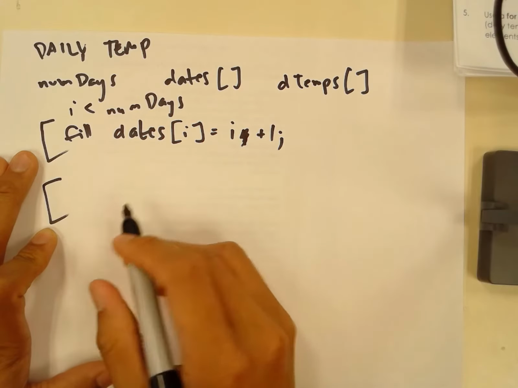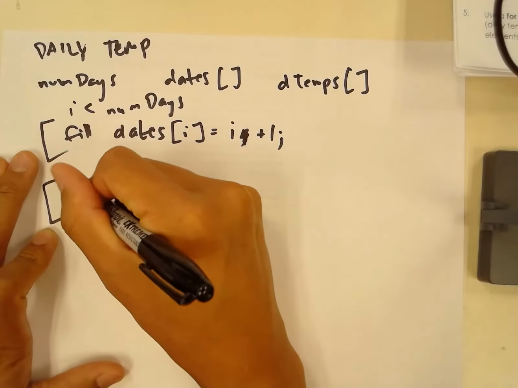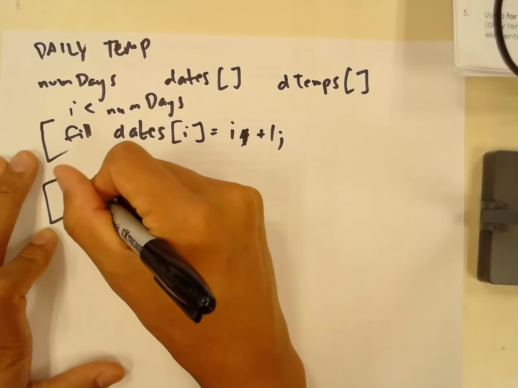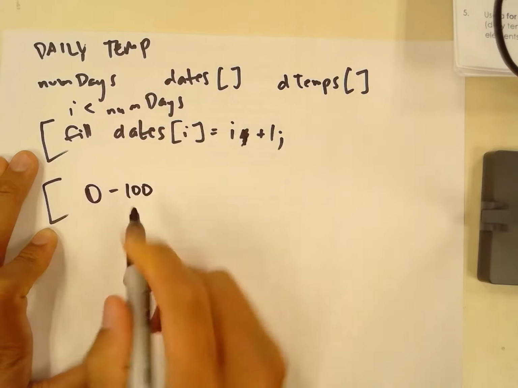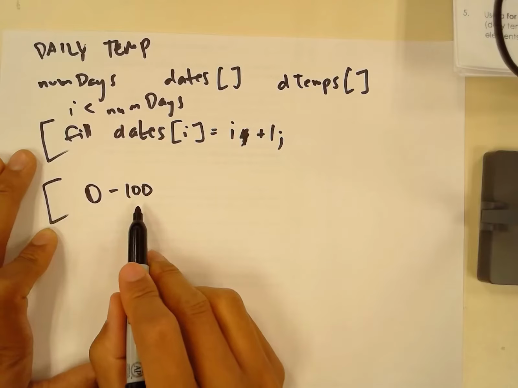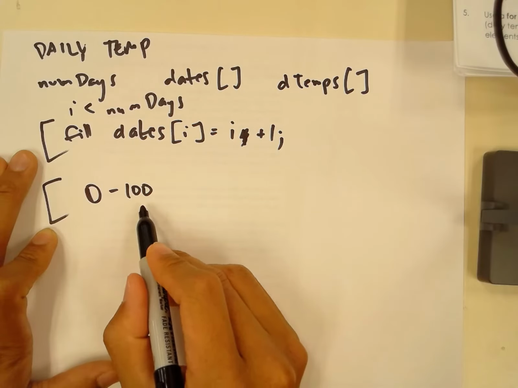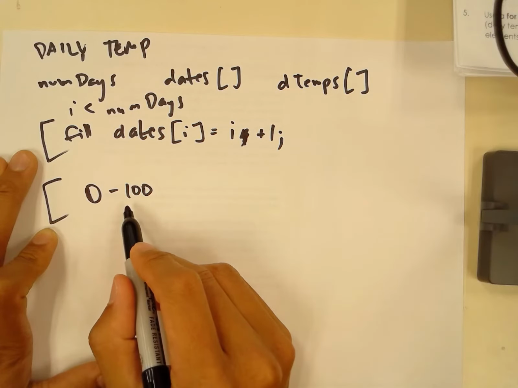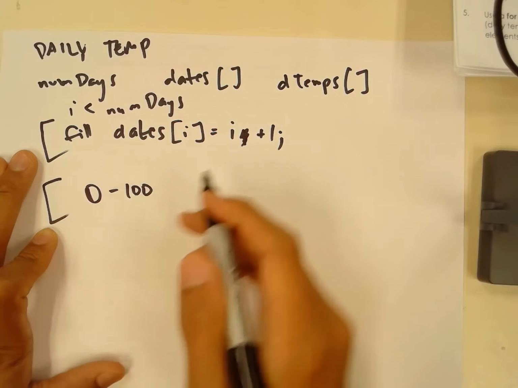And then it's easy to use math.random to get random numbers from 0 to 100. Yeah, we know how to do that. You just do math.random and then you multiply it by, I think, 101 is what you want to do, then turn it into an int, right?